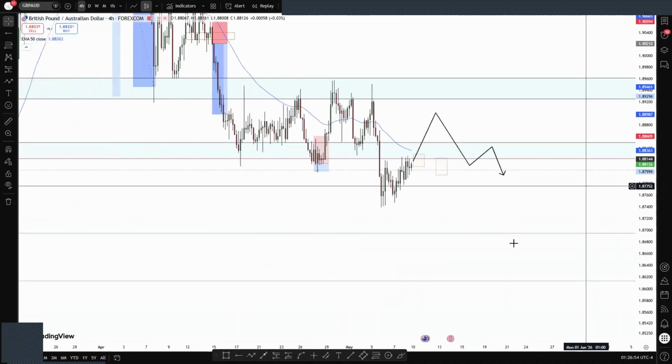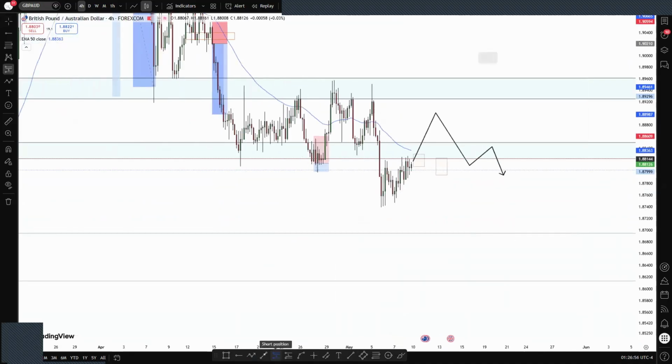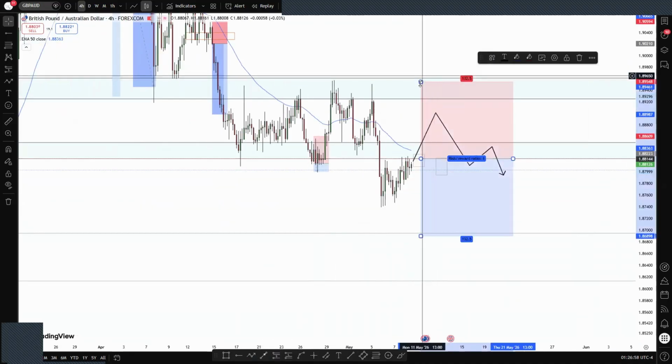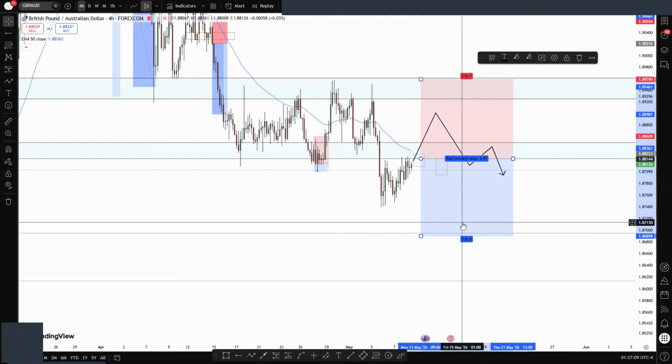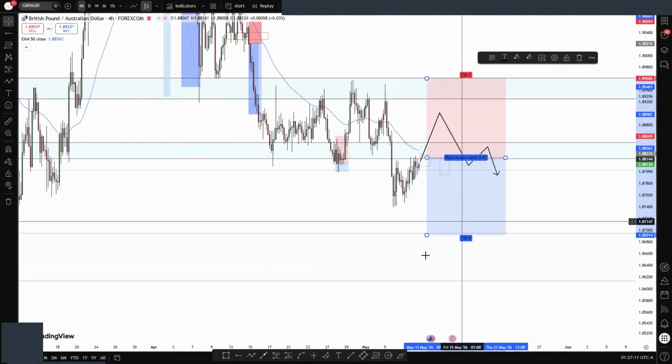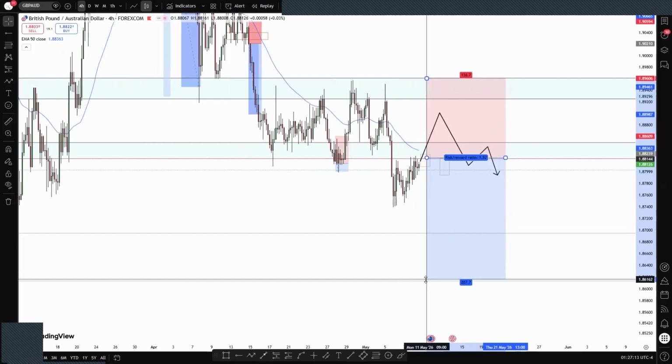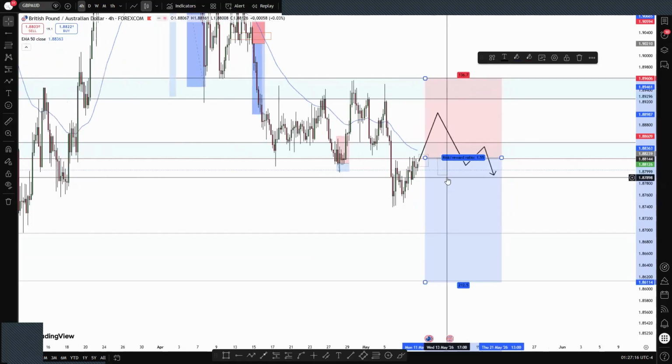Because in this case, when I'm selling this, my stop loss can't be all the way above here, because this is where my 4 hour engulfing, my 4 hour lower high is, and my take profit is almost at this level here. So this is very much abnormal.